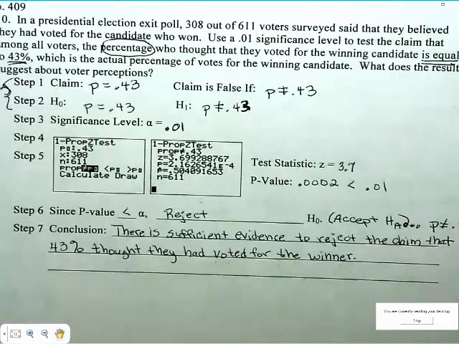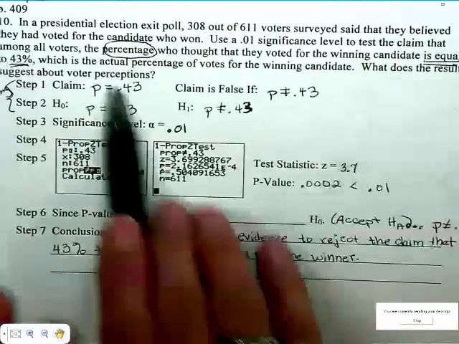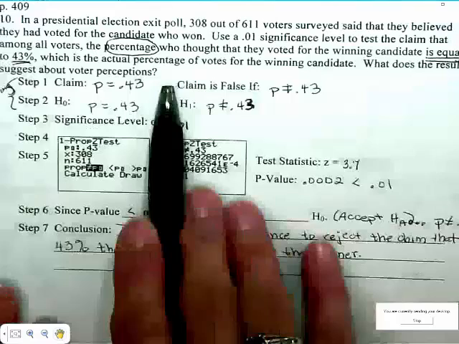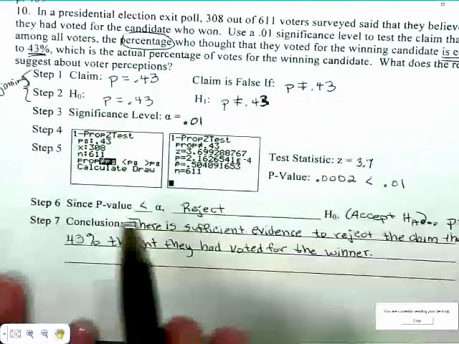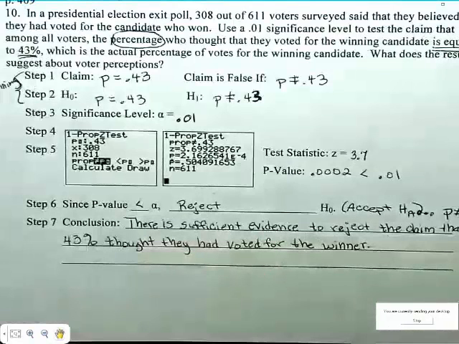Ross Perot and my grandpa. So what does that mean about voter perceptions? If the percent who thought they were voting for the winner is not the same as the percent who actually did vote for the winner, what's that saying?